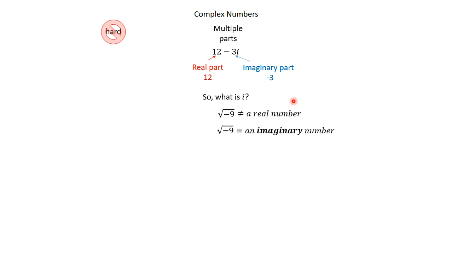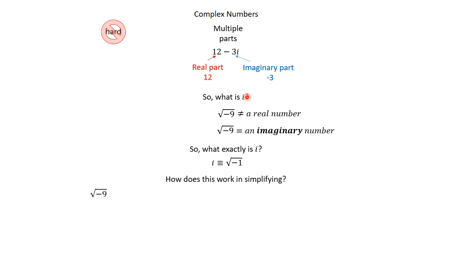However, the square root of negative 9 is an imaginary number, and that's where the i comes in. It stands for the imaginary unit. So what exactly is i? i is defined to be the square root of negative 1. That just equals i.